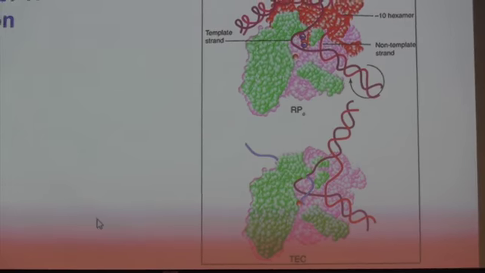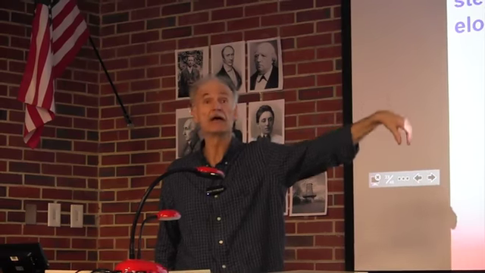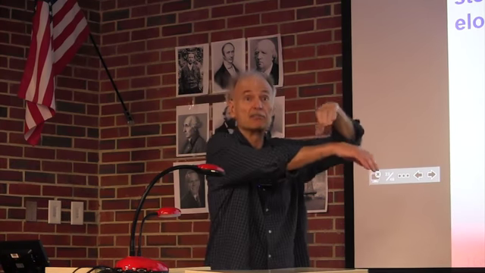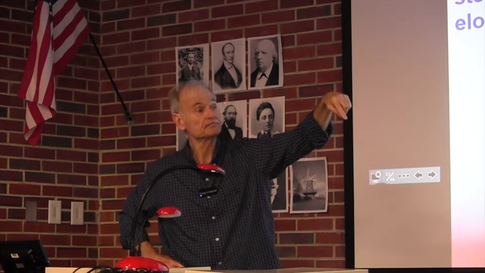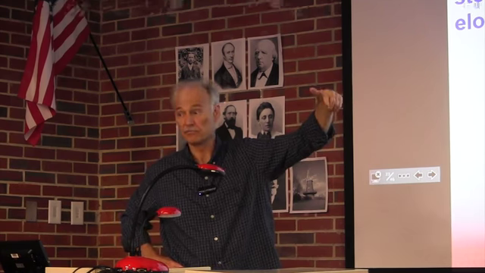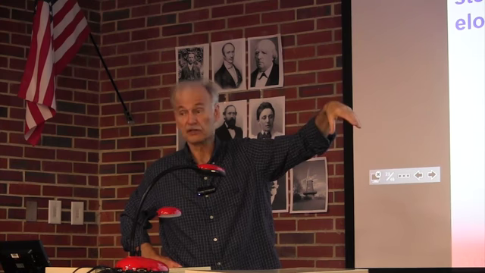So this would be the configuration when the core is bound to non-promoter DNA. There's no sigma, so it's going to be held pretty tightly, so it doesn't hop very frequently. When sigma binds it, it opens up, now it can hop. When it finds a promoter, initially it is still open, but then in the process of melting, it begins to close.